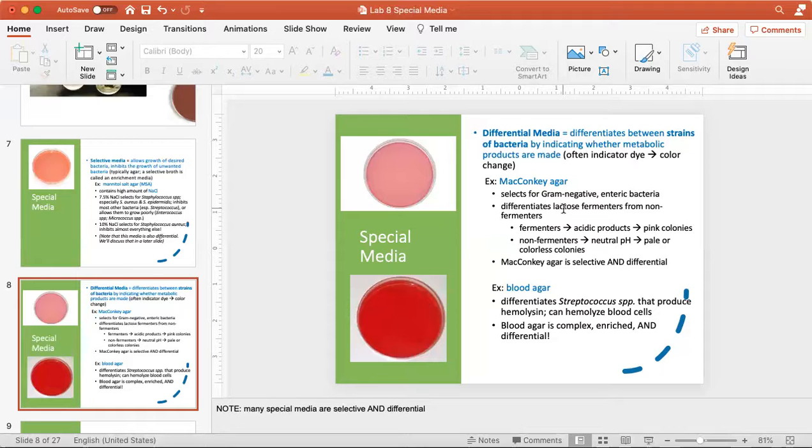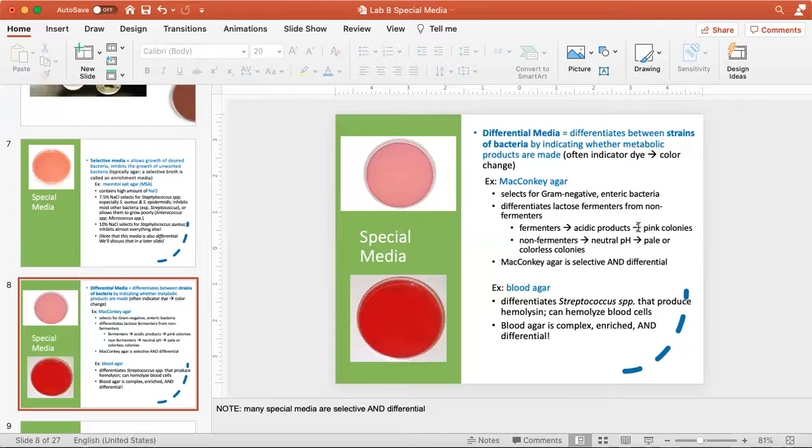What happens is, on McConkey Agar, if the bacterium that is growing, this gram-negative intestinal bacteria, is fermenting the lactose that's inside the media, it's going to start creating acidic byproducts. That's going to cause the colonies to turn pink. There's an indicator dye in the media, and it's going to cause the colonies to turn a pink color.